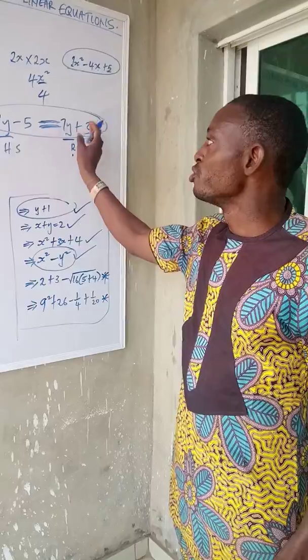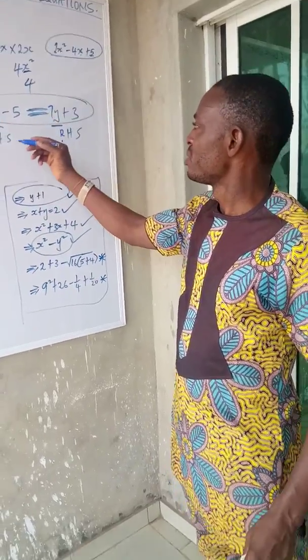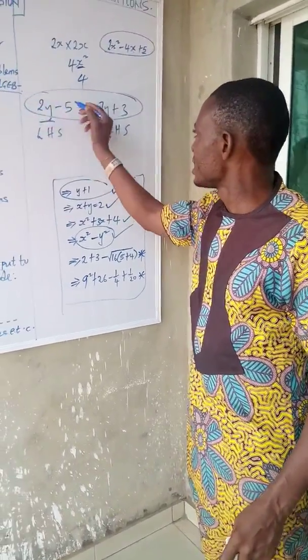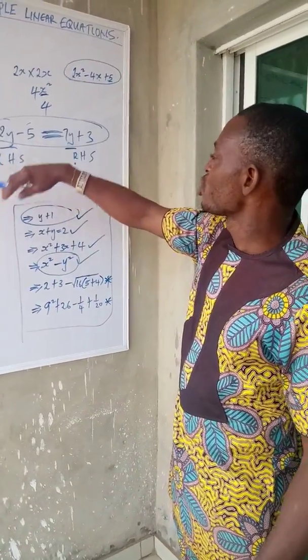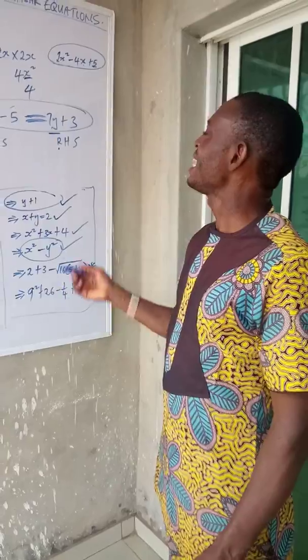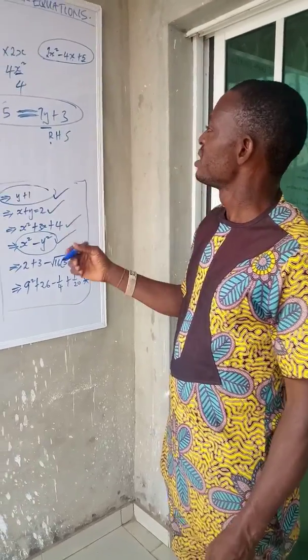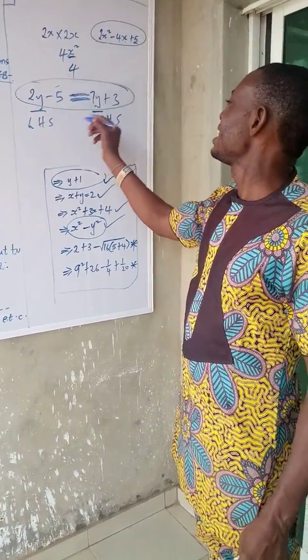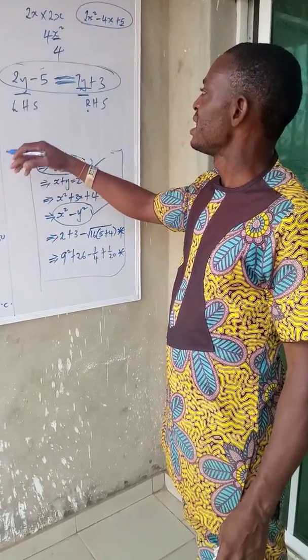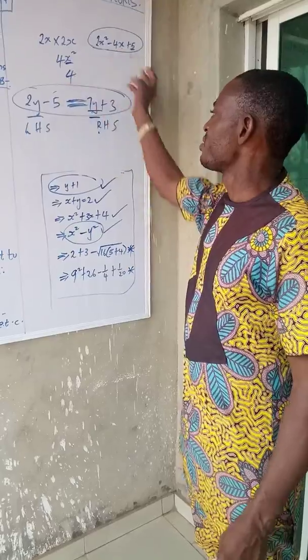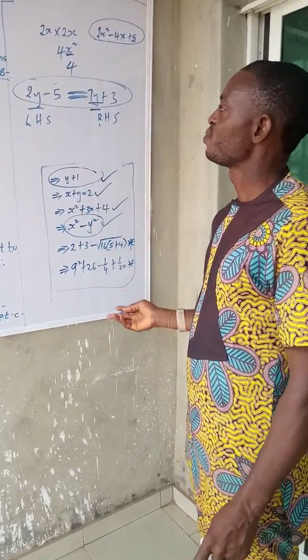So the bridge doesn't move, but people move, they cross over the bridge from one side to another. So to collect like terms will be saying that things that are in y, bring them to the left hand side, and things that are not in y, to the right hand side.